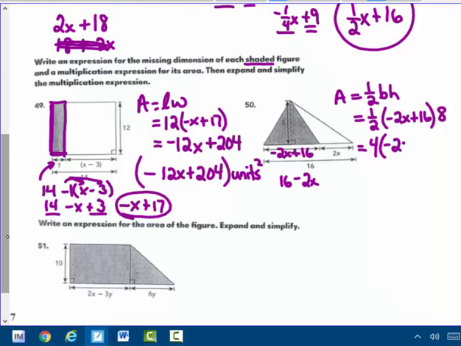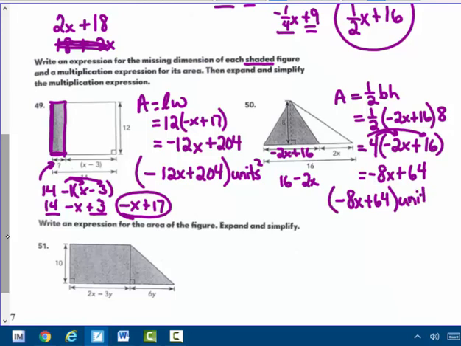And then distribute that 4 to the negative 2x plus 16. And I get negative 8x, 4 times negative 2x, negative 8x, and 4 times the positive 16, positive 64. So I put that in, it looks correct. I've got to label this: negative 8x plus 64 units squared.